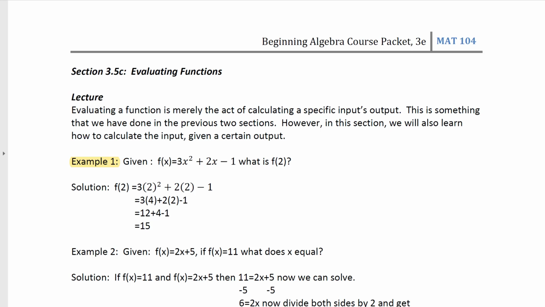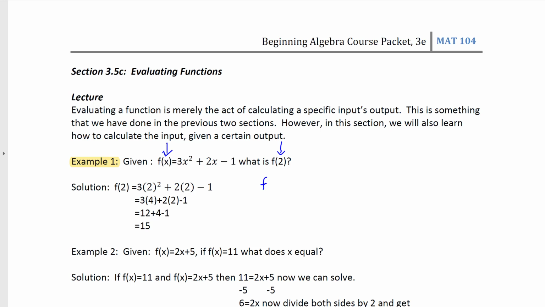All right. So what we've done is we've gone from f of x, that's just our input variable in general, and now we're going to replace that x with a 2. Since they've replaced the x in the original notation with a 2, we're going to replace the x everywhere else with a 2 as well.